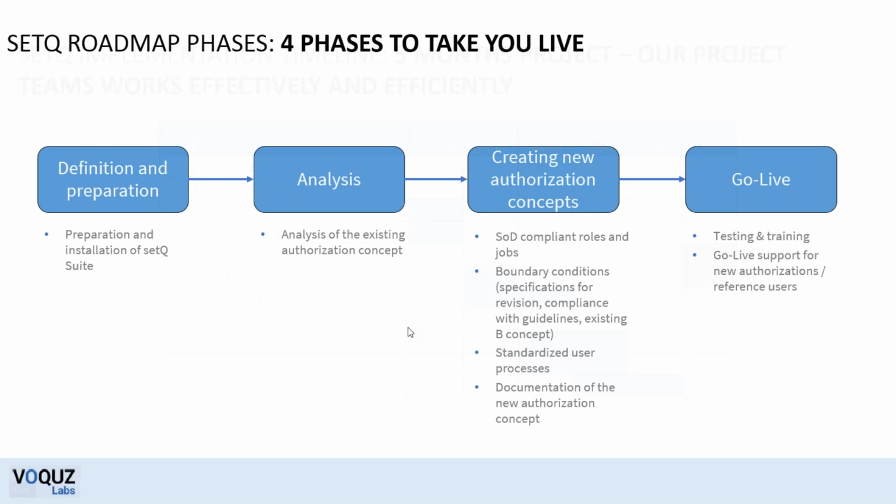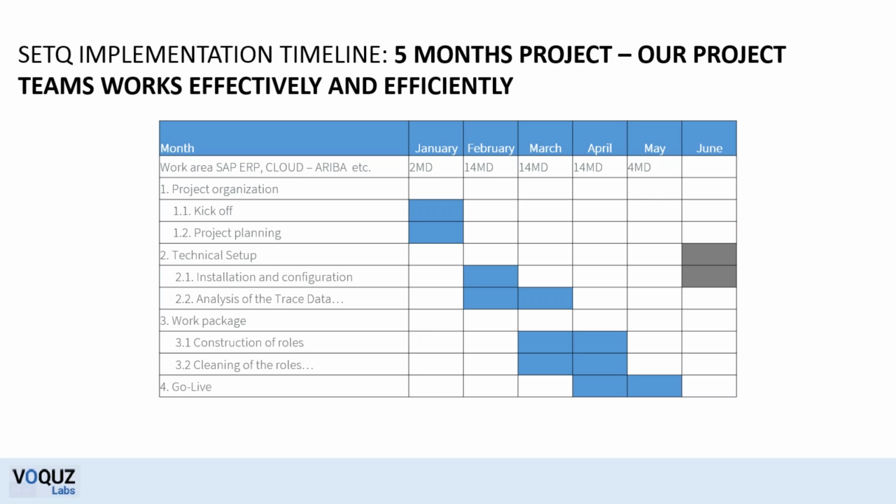Let's have a look at an example. From a cloud-based perspective, if you're going to engage with us, what would a timeline look like? Here we've got an example, also with the man days required from our side.